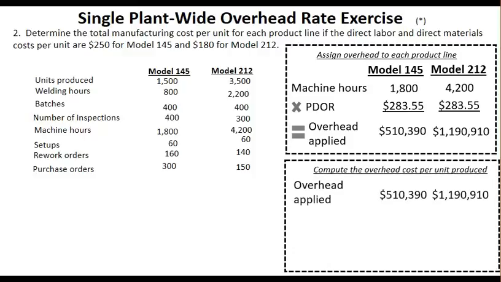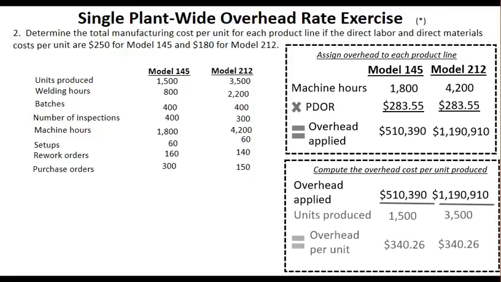Now we're going to compute the overhead cost per unit produced. It's a matter of taking our total overhead applied to each product line and dividing it by the amount of units produced. When I provided this to you in my classroom demonstration, I had accidentally used machine hours instead of units.